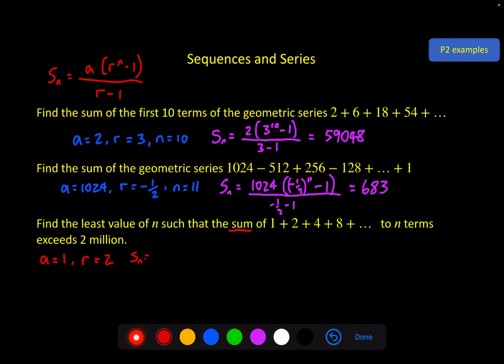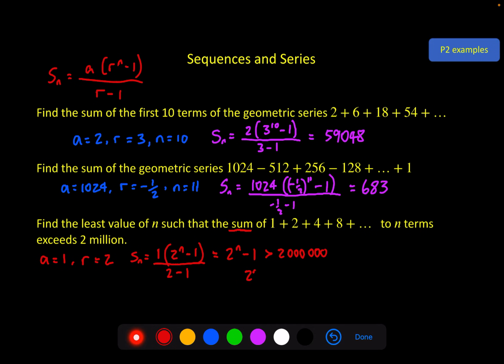So S of n is equal to a times 2 to the n minus 1, just putting a and r into the formula at the top. And r is 2 minus 1. Simplify this a little bit. 2 minus 1 is 1. Obviously, all those 1s outside the bracket just become the bracket itself. There we go. So this sum, 2 to the n minus 1, they want it to exceed 2 million.